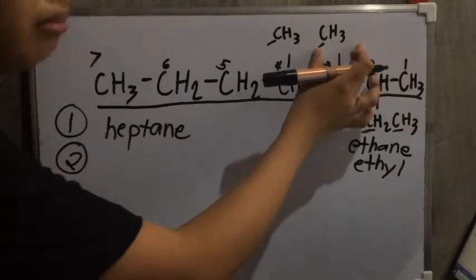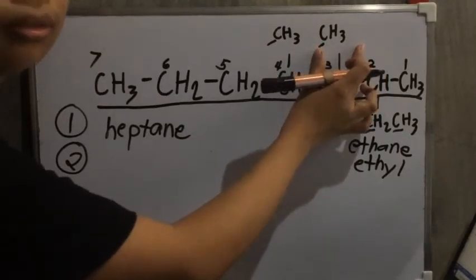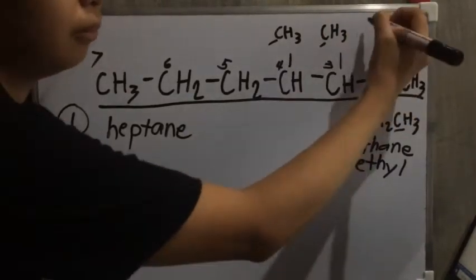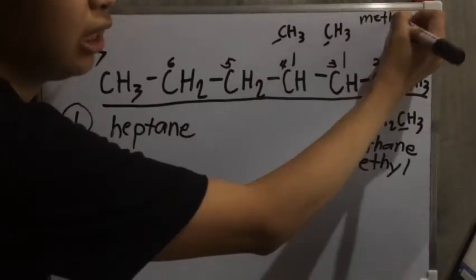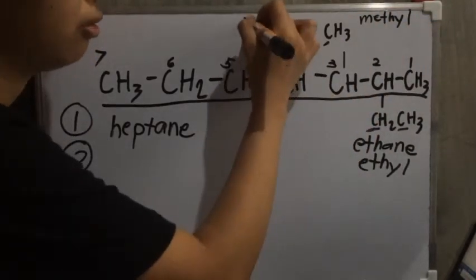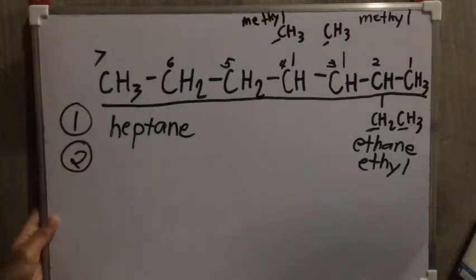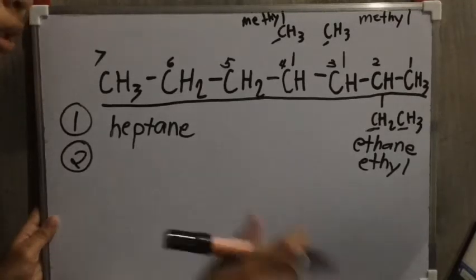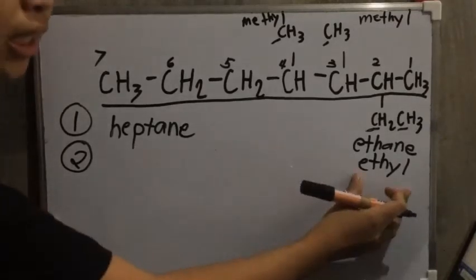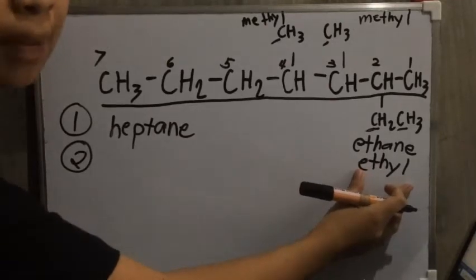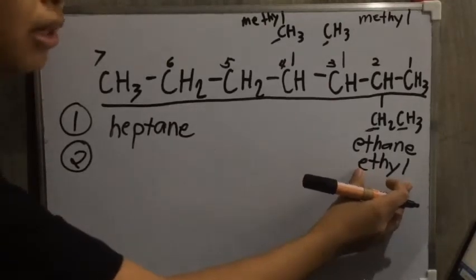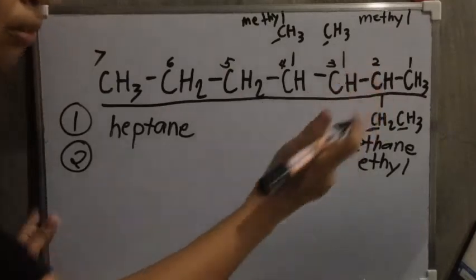Next, dito naman, meron tayong methane or methyl. So, merong methyl dito. Meron din dito methyl. So, marami tayo ngayong alkyl groups or branch group. First, we have the ethyl. Saan nakakabit yung ethyl? Sa pang-ilang carbon? So, nakakabit siya sa second carbon.